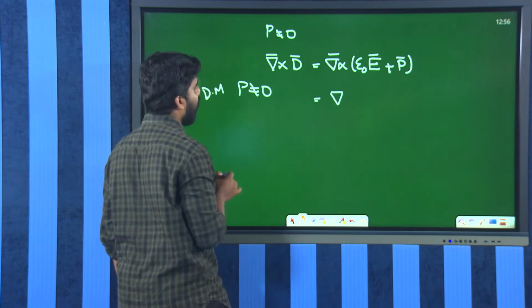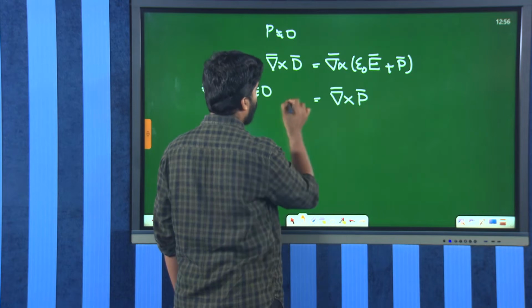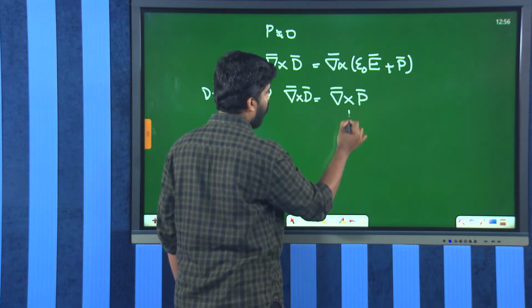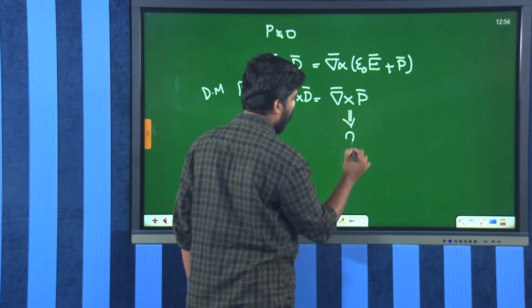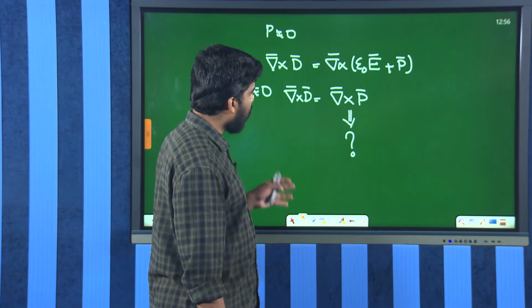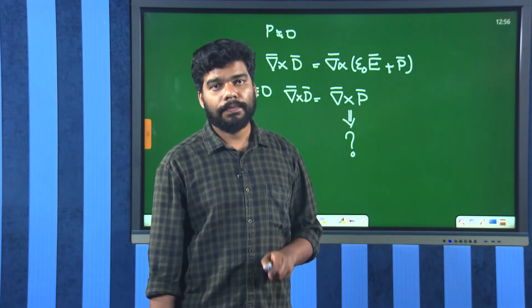So we have to check what this del cross P is, and whether it is 0 or not.